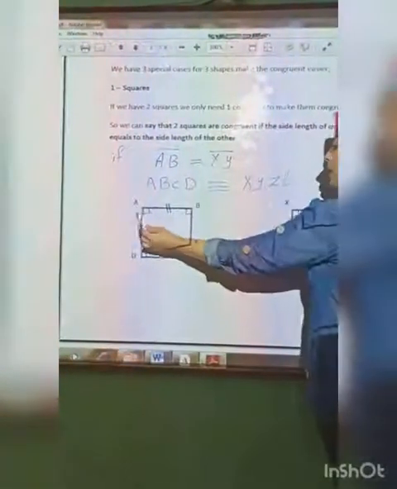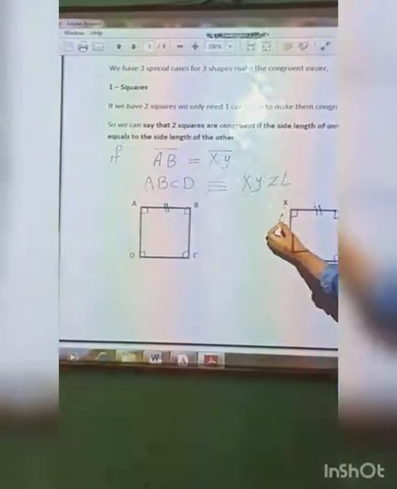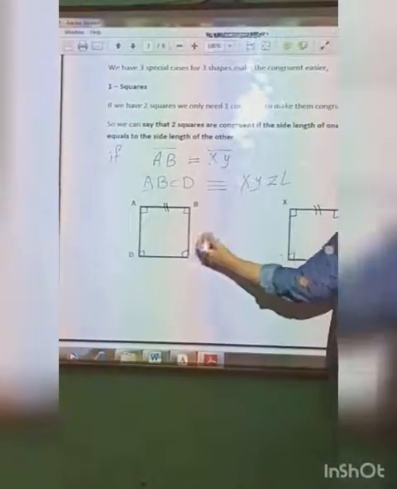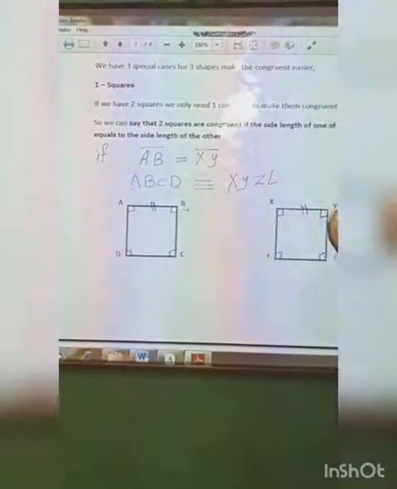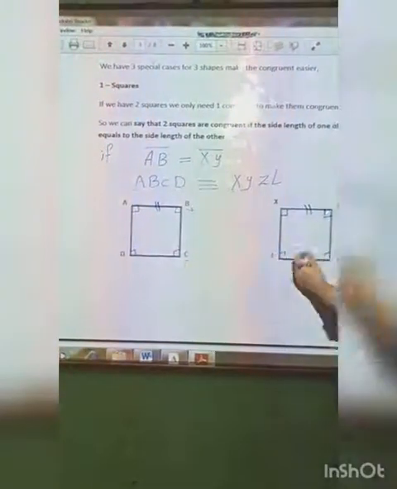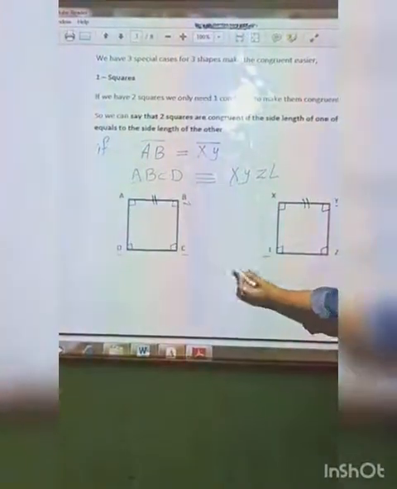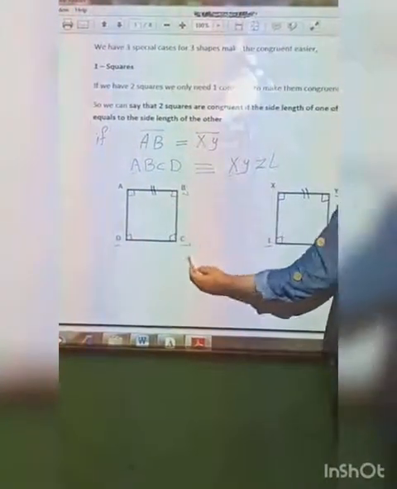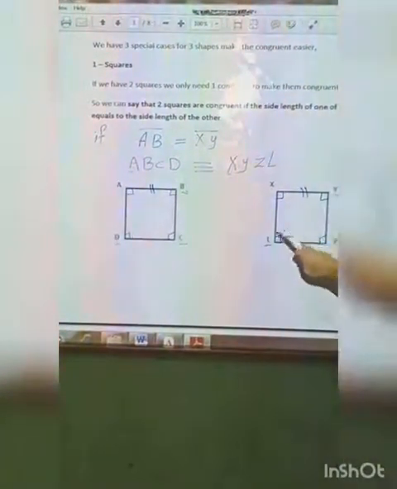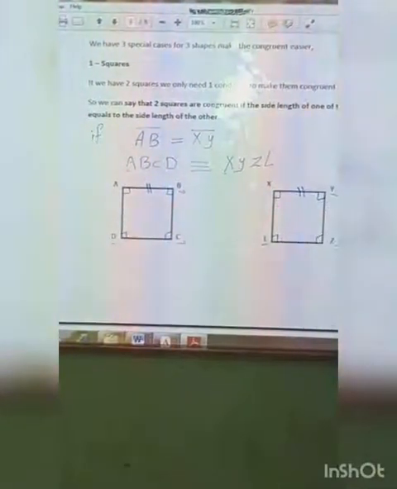I start from A, so start with X. Then B, so Y, C corresponding to Z, and D corresponding to L. So A, B, C, D is congruent to the polygon X, Y, Z, L.